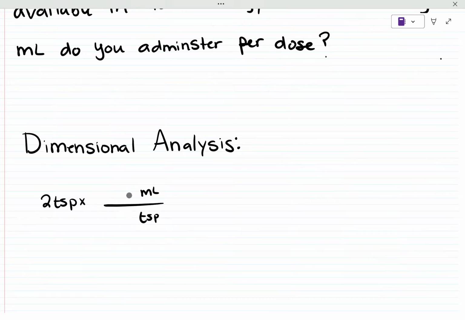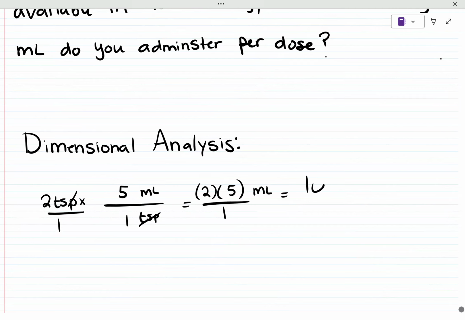So what's the relationship between teaspoons and milliliters? For 1 teaspoon, there's going to be 5 milliliters. So the teaspoon disappears, and we're left with 2 times 5 over 1. This is going to be 2 times 5, which is 10 milliliters.